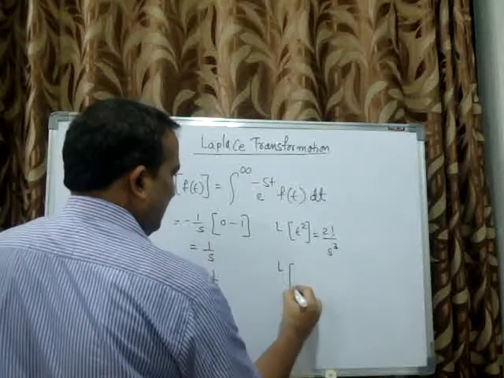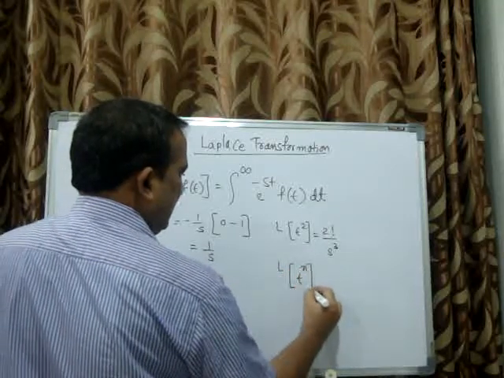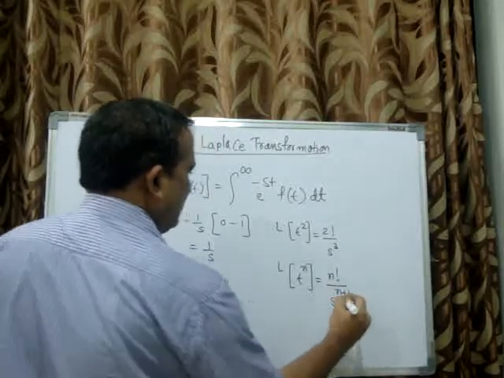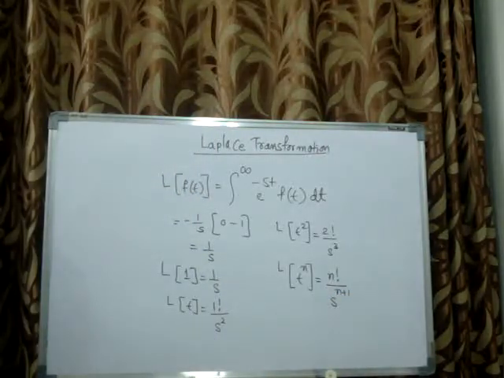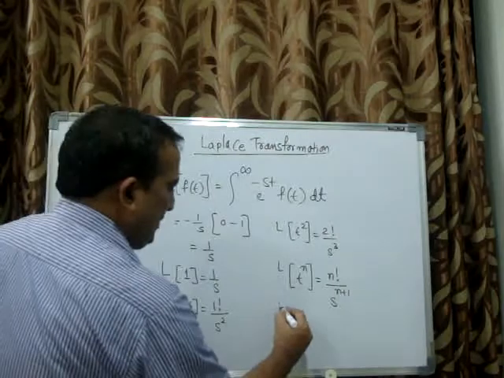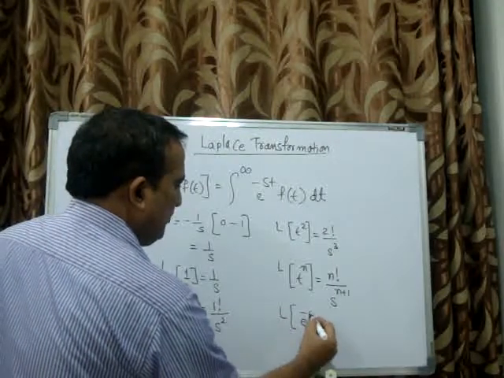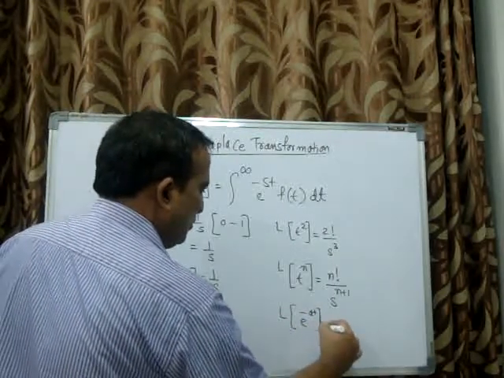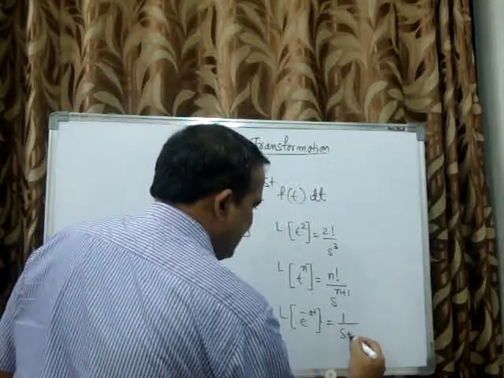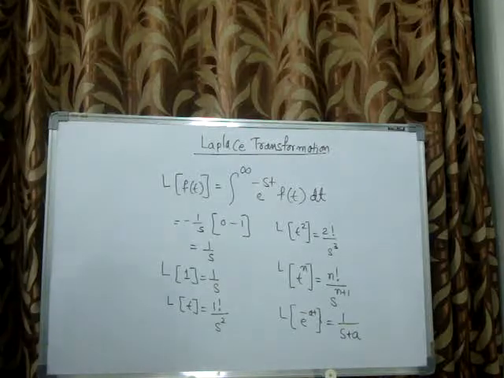Very important: Laplace of t raised to n is equal to n factorial divided by s raised to n plus 1. Okay. So we will find the Laplace of e raised to minus at, which is equal to 1 by s plus a.